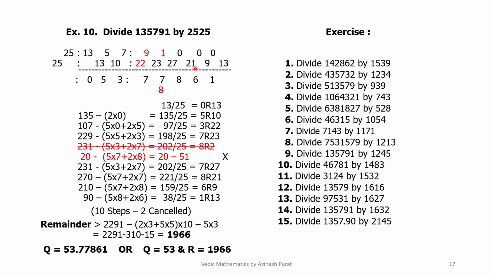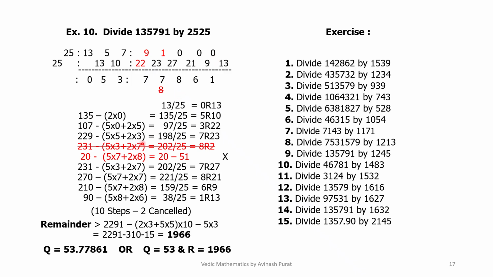Now 210 dividend minus 5 into 7 plus 2 into 8, that is 35 plus 16, 51. So 159 is divided by 25 equal to 6 is quotient and 9 is remainder.